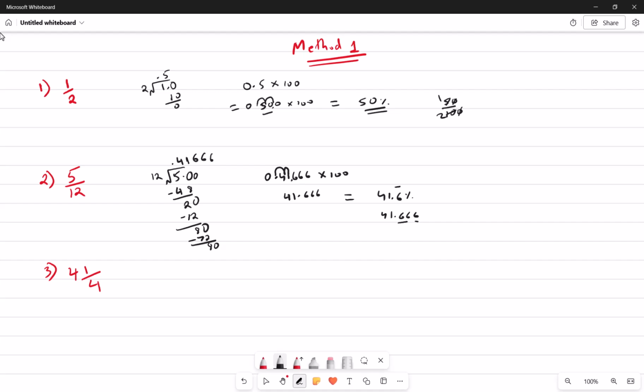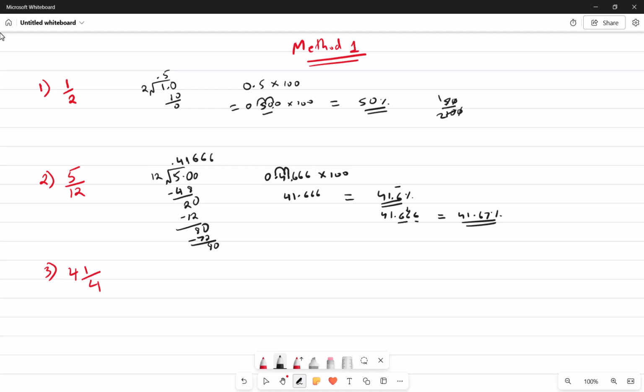Since this is greater than or equal to 5, we increase the previous number by 1, so it just becomes 41.67, and again we add a percentage sign. So there are two ways of rewriting this: 41.6 with a bar showing it's a repeating 6 percent, or 41.67 percent, and here is your answer.